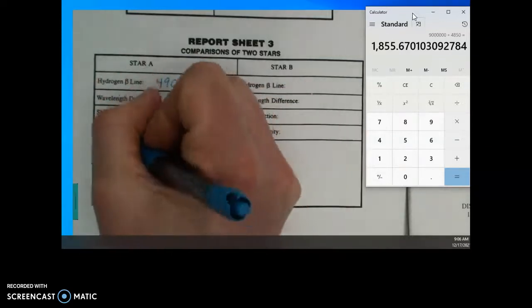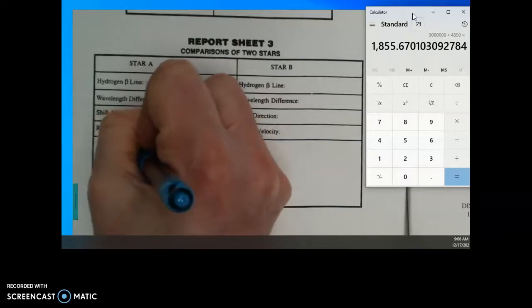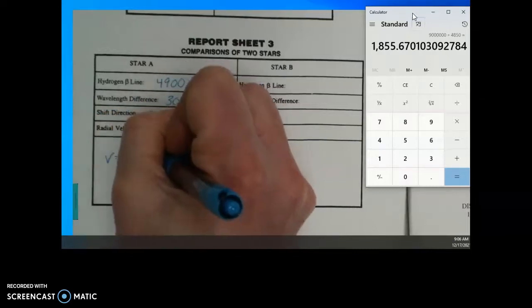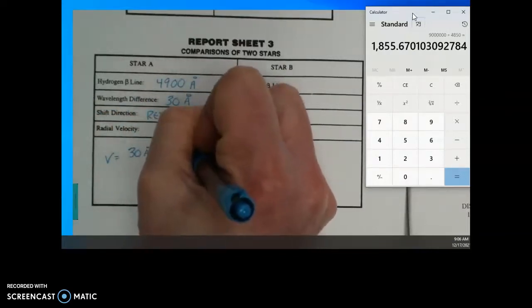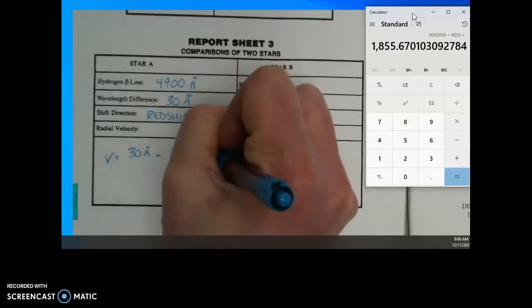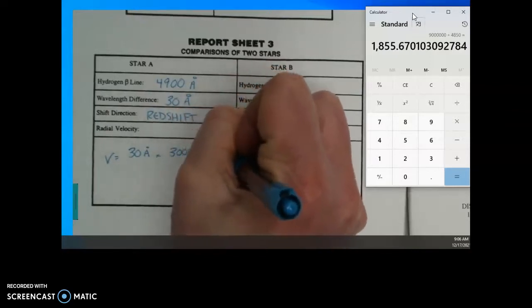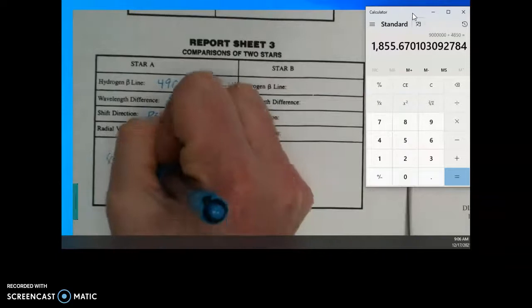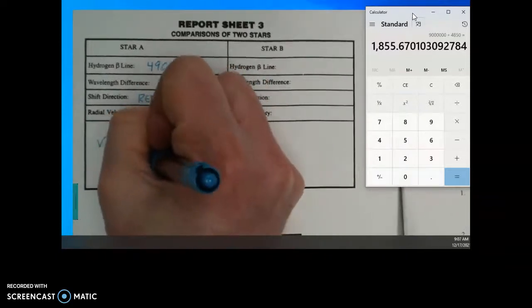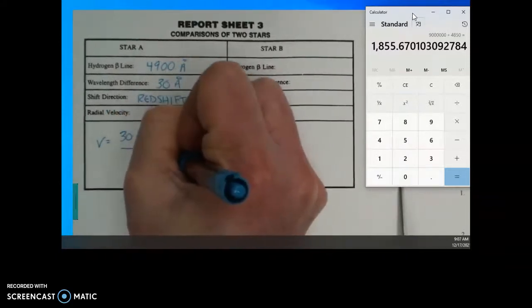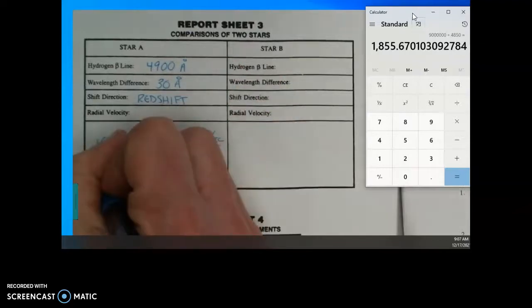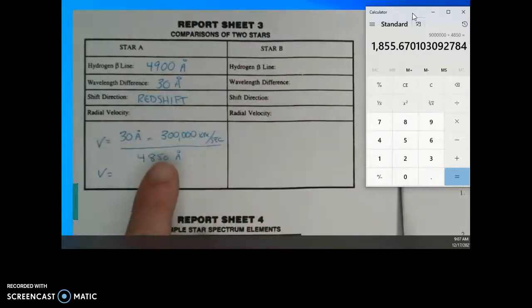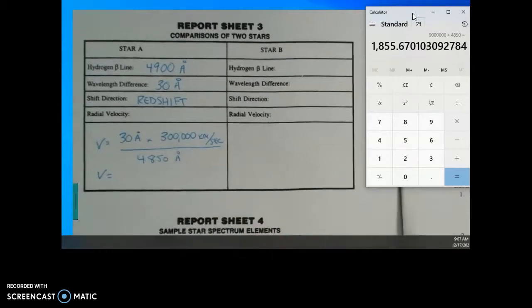This is not hard to do because, again, I already have all my numbers. You guys see angstroms are going to cancel out. You can see this now that it's set up, and that's going to give you a velocity.